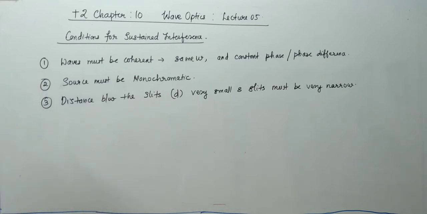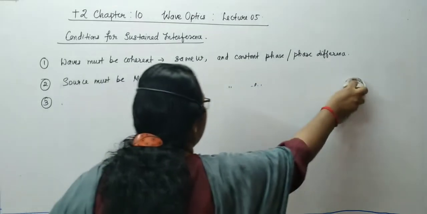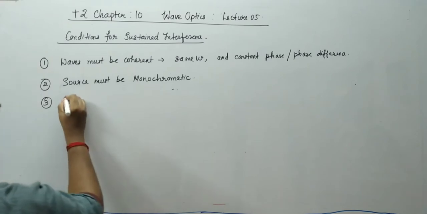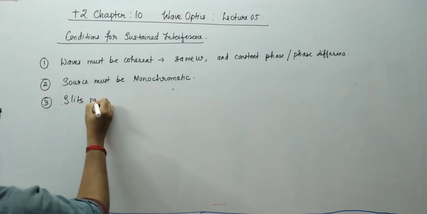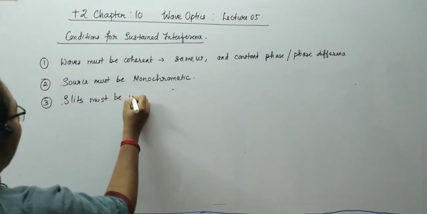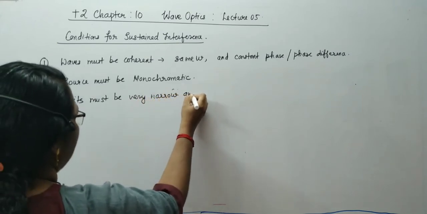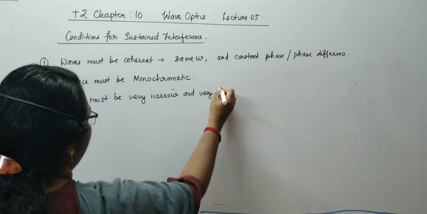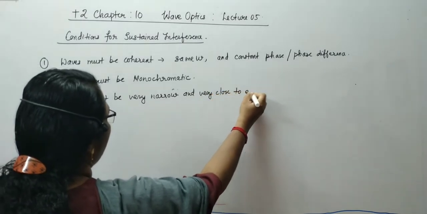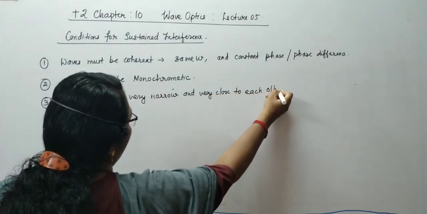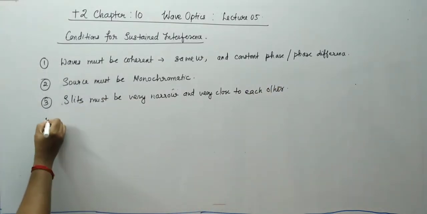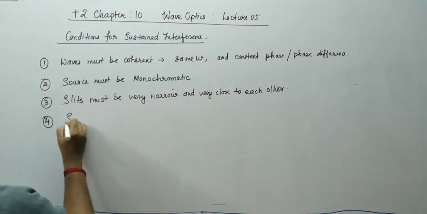Very narrow and very close to each other. We will write it like that: the slits must be very narrow and very close to each other.